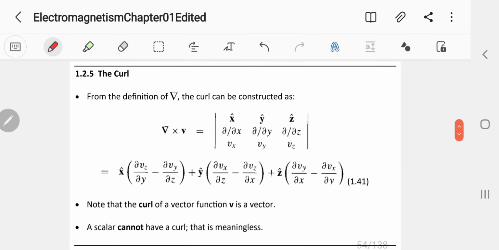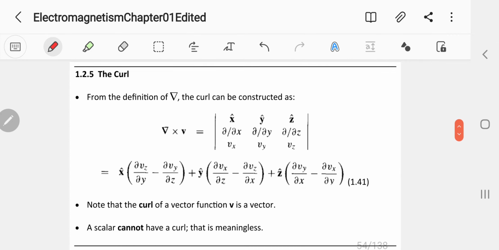The other special product is the curl, and the definition of the curl of V is just the same as the vector product of two vectors.